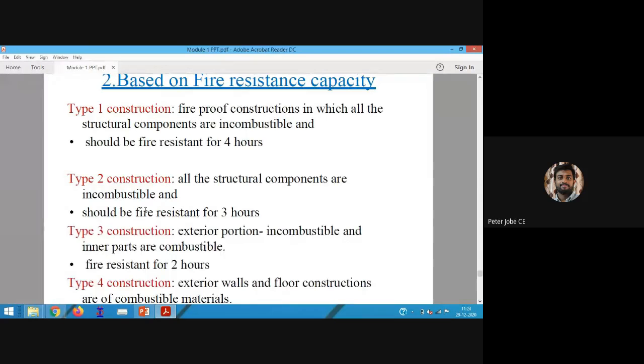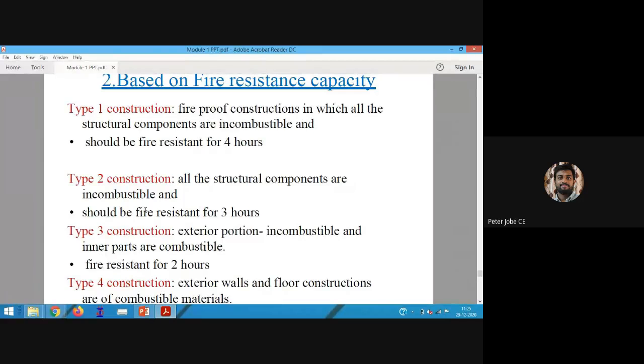That means it is of higher quality. And as we go down from type 1 to type 4, the quality of the building and the fire resistance will decrease.